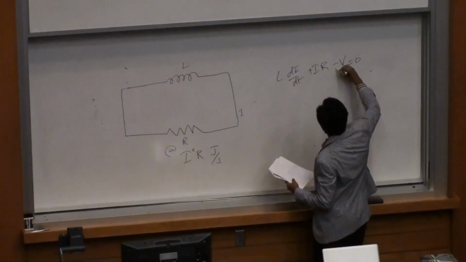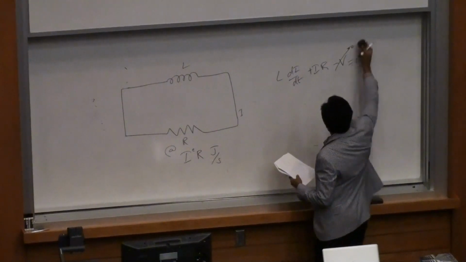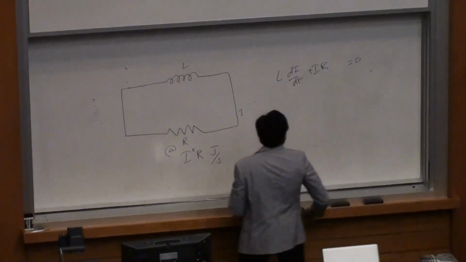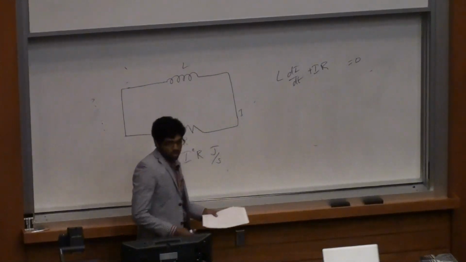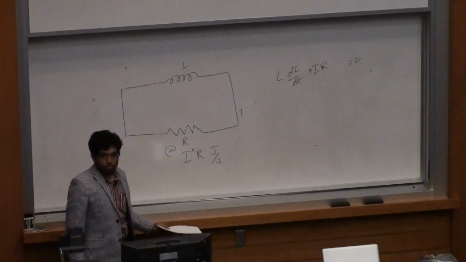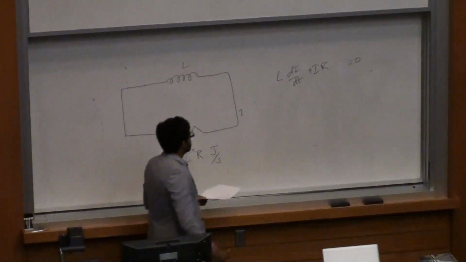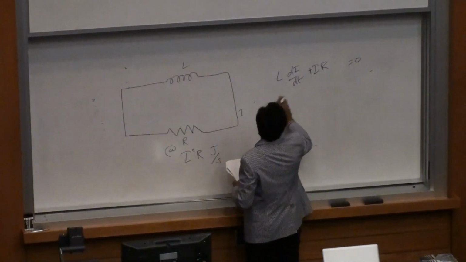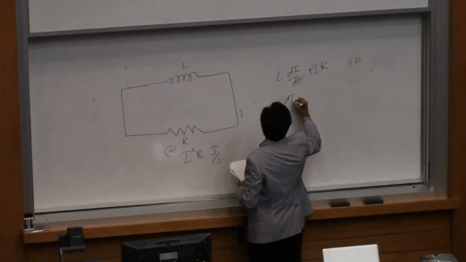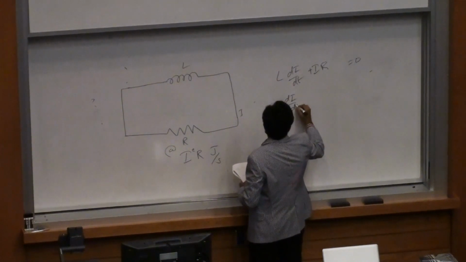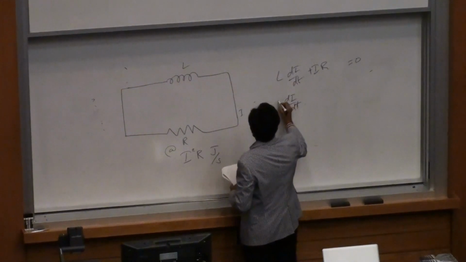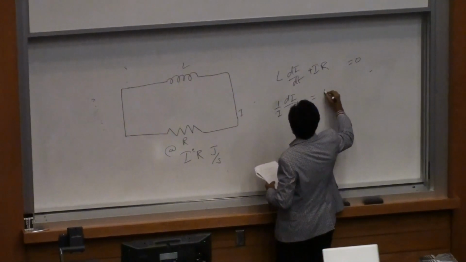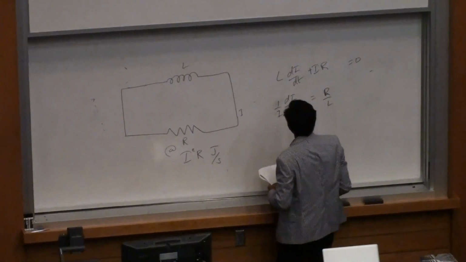Now we're saying that this term is non-existent, so what we end up with is L di/dt plus IR equals 0. This is more trivial to solve. Bring this over to the other side, divide by L, so you have di/dt divided by I equals minus R over L.